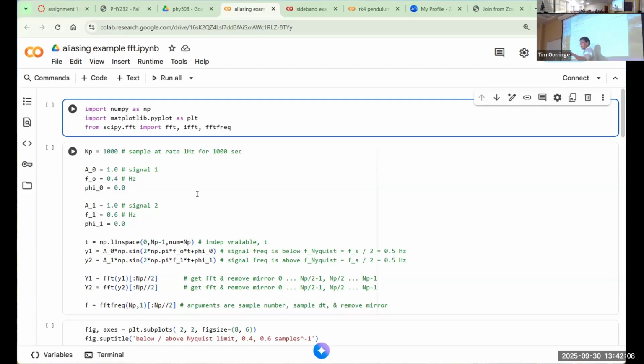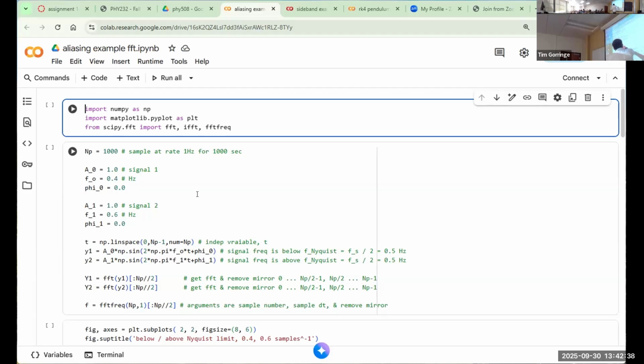Remember the frequencies in the last example were much lower than the sampling rate, 0.1, 0.01. These 2 frequencies here are 0.4 hertz and 0.6 hertz. The Nyquist limit is 0.5 hertz if you sample at 1 hertz. So the 0.4 is observable in the data, just below the Nyquist limit. The 0.6 is not observable directly in the data, it's above the Nyquist limit.